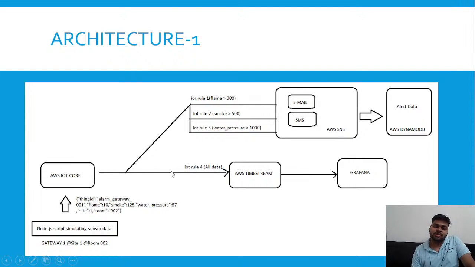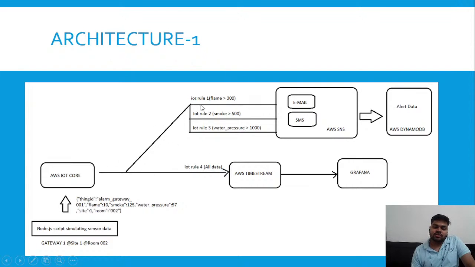We have written a rule that any data coming to this topic will go directly to this AWS Timestream database. For that we have certain things to take care of, so that flame, smoke, and water pressure in this JSON value are inserted in particular table columns. We need to see how we are going to do that in that IoT rule setup.